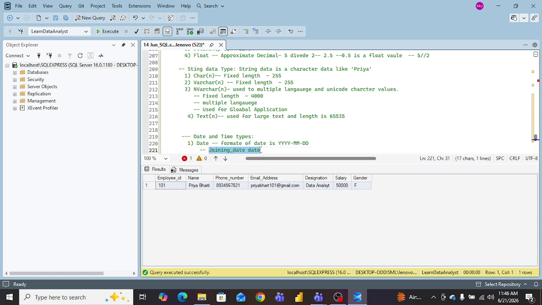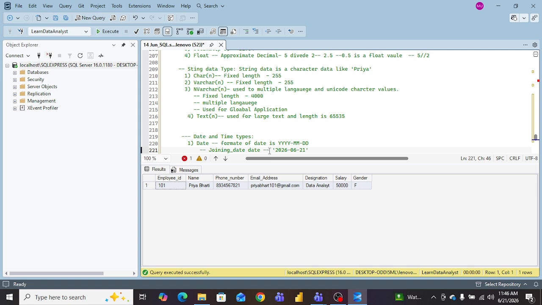So you have to write in this format. For example, 2026, the month is 6 and the day is 20, if you are joining today. You have to insert the data in this form.